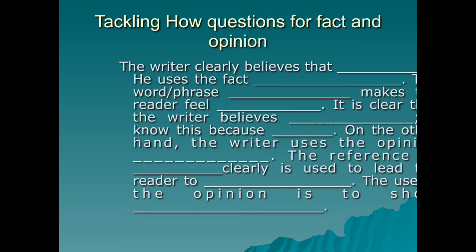So after we've put the whole quote with the fact in it, we're going to embed a word or phrase that we think is the most important word or the most significant word in that quotation that we just gave. So the word or phrase, and we say what the word or phrase is, makes the reader feel, and you need to put in, what does it make the reader feel? Really be perceptive as you can when you're putting that in here. It is clear that the writer believes.